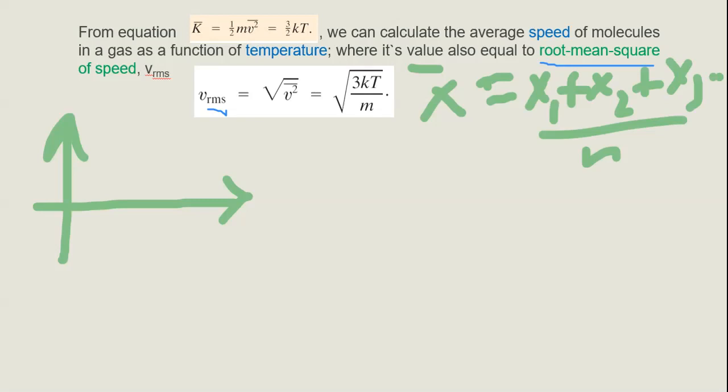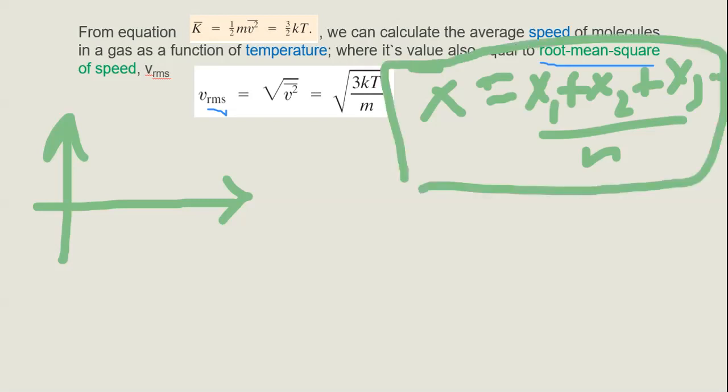If it's 3, then x1 plus x2 plus x3 divided by 3. Here we want to find the same thing. vrms is just the average value, but we cannot use this equation here because of a situation where there are positive and negative values.